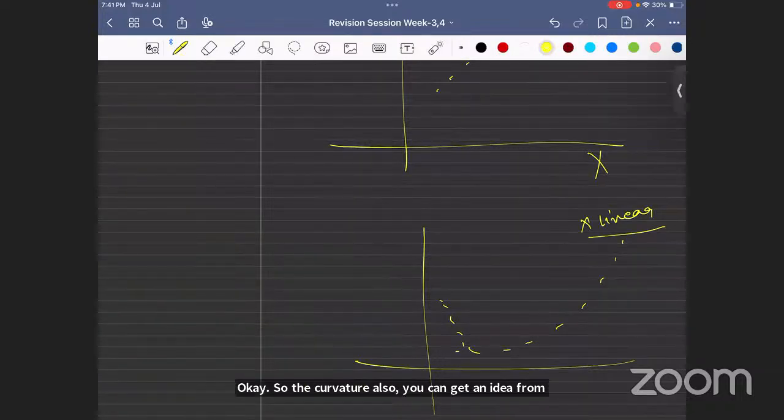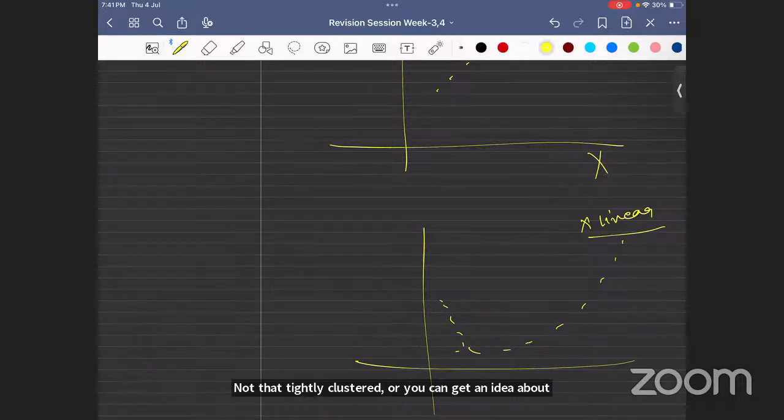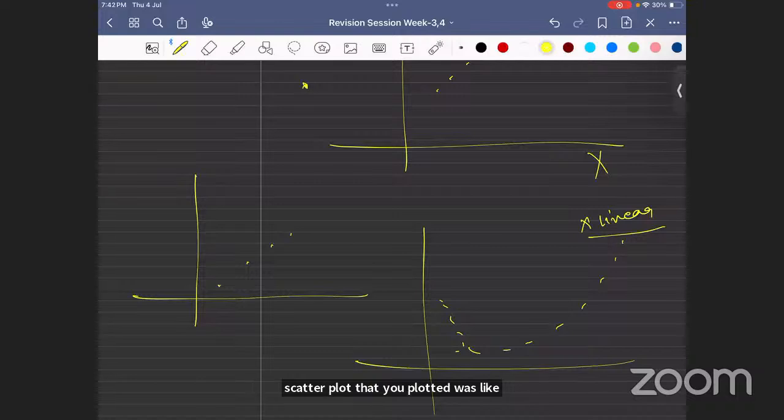You can also get an idea about the variance in the scatter plot, whether all the data points are tightly clustered or not that tightly clustered, or you can get an idea about outliers. If the scatter plot you have plotted was like this, and in between a data point is like this, then you can think of this point as an outlier.